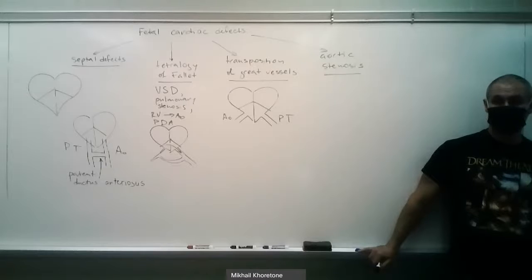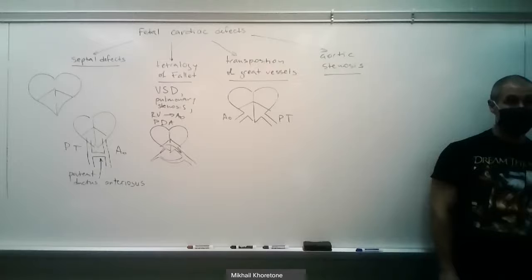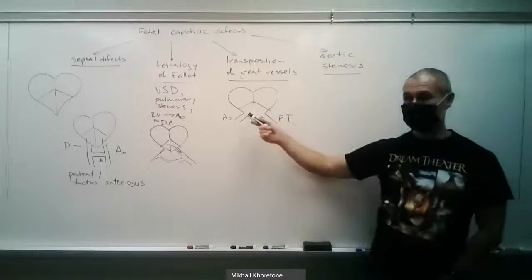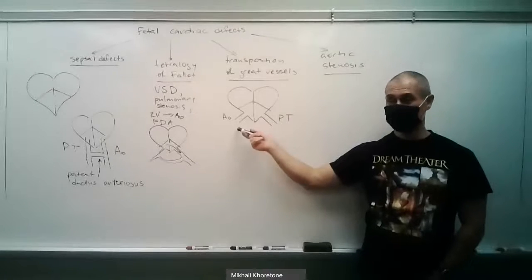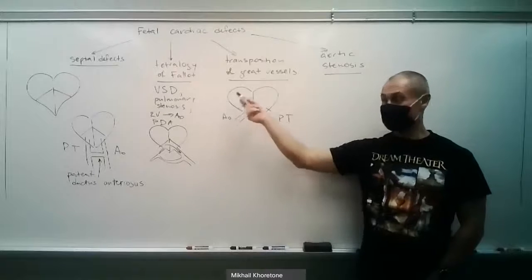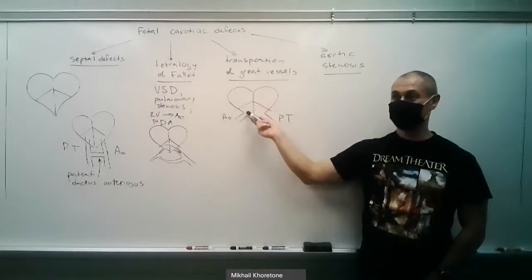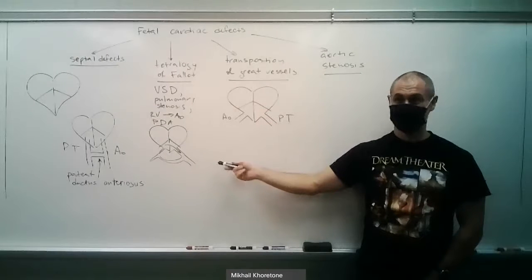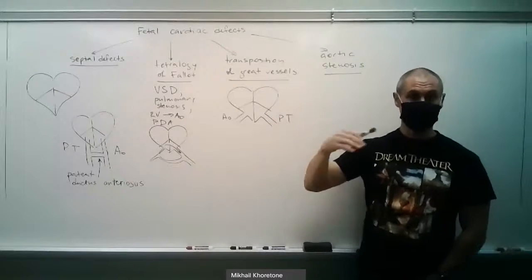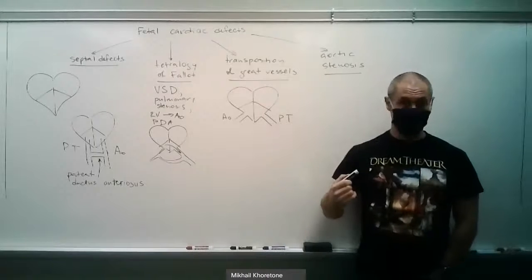Pulmonary trunk and aorta switch. Does that make sense? So what happens, if right ventricle pumps into the aorta, blood goes into the system. It returns from the system into the right atrium, goes into the right ventricle, and goes back in the system. Does that make sense? Two circuits are completely isolated. This condition is incompatible with life.